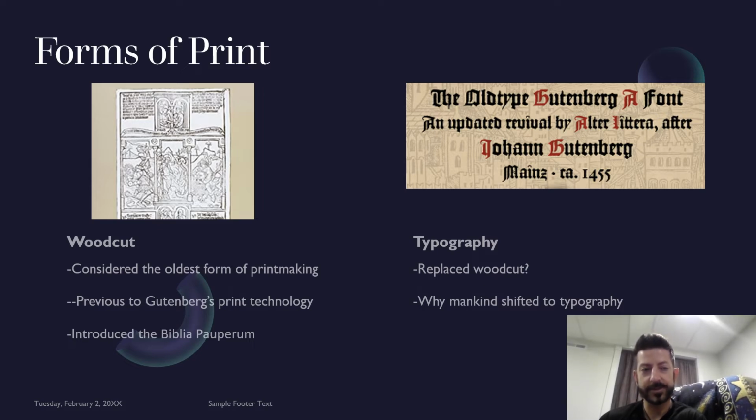So now we switch to typography. McLuhan mentions that there was no real clear indication as to when typography replaced woodcutting. There was just, again, the introduction of Gutenberg and the printing technology, but he declared in his writing that there was no indication as to when it was replaced.